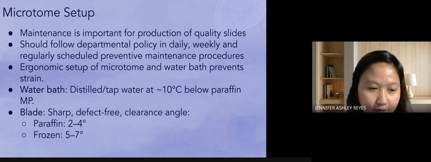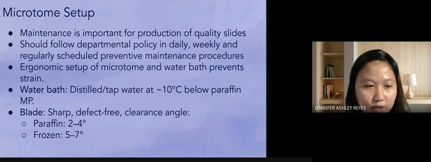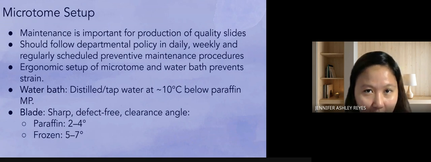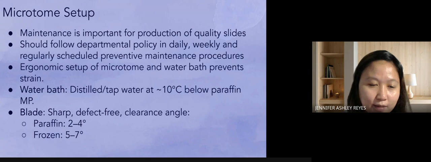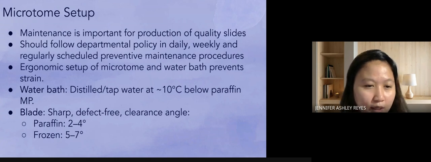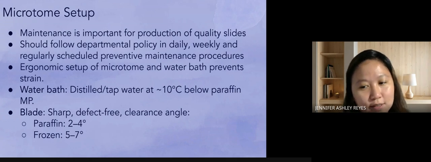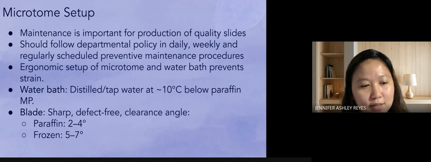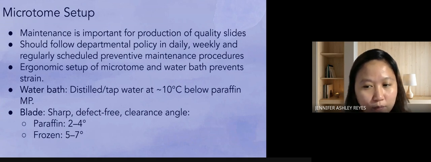Frozen sections, 5 to 7 degrees. If your sections are nagka-crinkle, nagka-curl, nagsistick sa blade, it's usually a setup issue. So you have to tune your angles properly. Okay, so that's microtome setup.